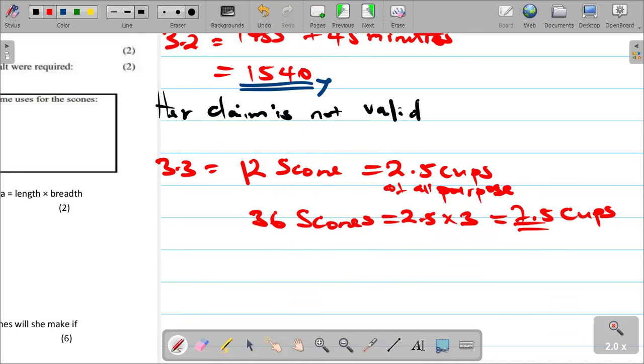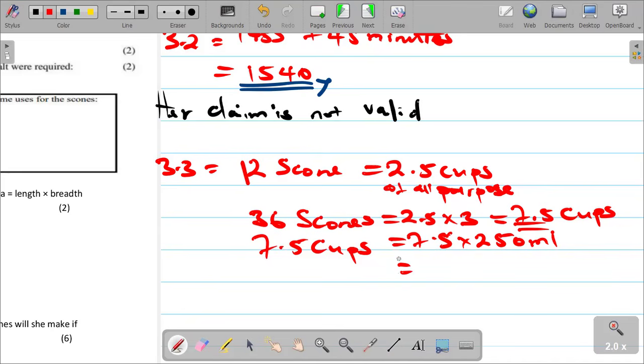So now we are saying 7.5 cups is equal to 7.5 multiplied by 250 milliliters.